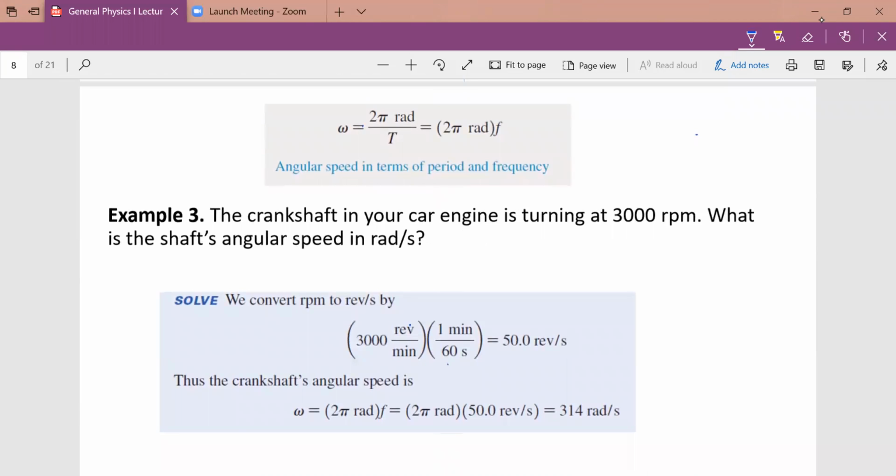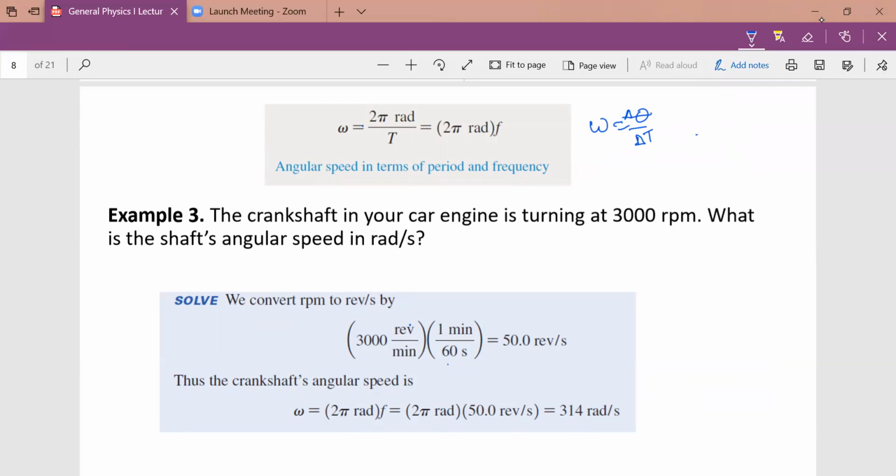So let's look at the angular speed in terms of period and frequency. We have already described that angular speed is equal to change in theta over change in t.